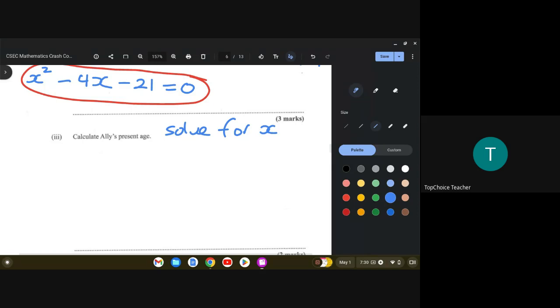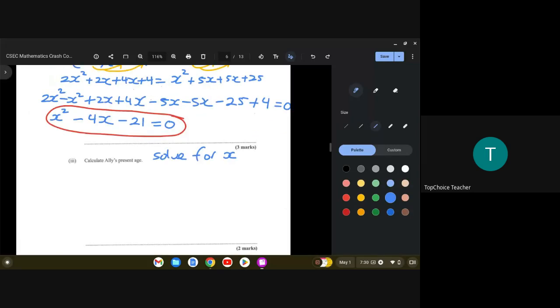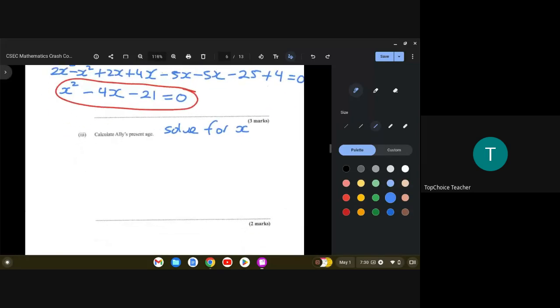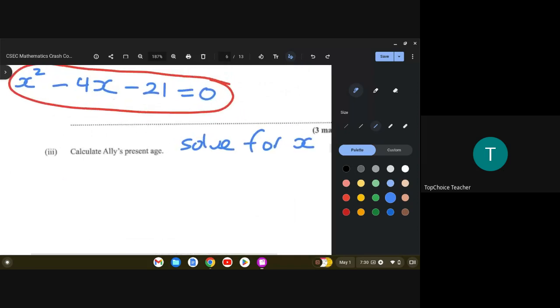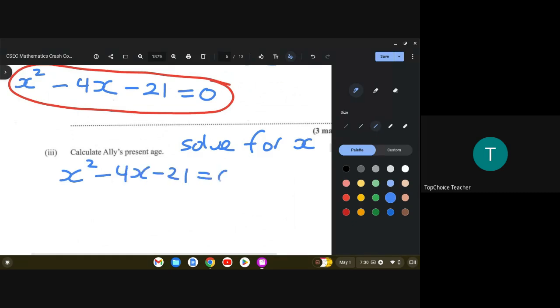They could give you equations like this in the exam and ask you to factorize them. I've seen blatant questions where they give you a quadratic and say factorize that. This question makes you work for your quadratic equation. But now let's factorize it. So we're going to write over the question, x squared minus 4x minus 21 equals 0.